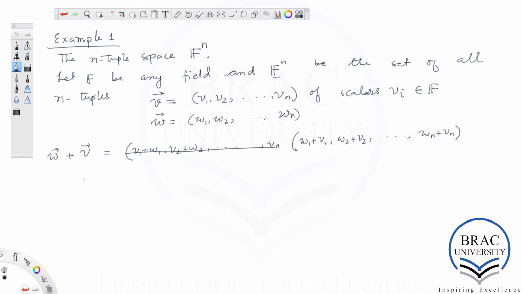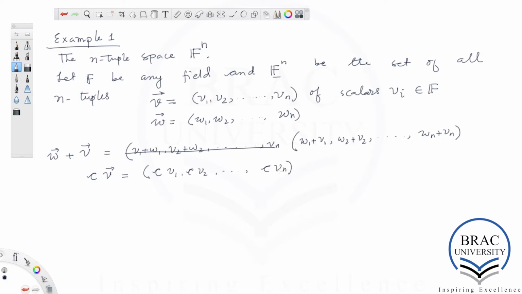And the scalar multiplication is defined in the following way: c times v, which is given by c v1, c v2 all the way up to c vn.